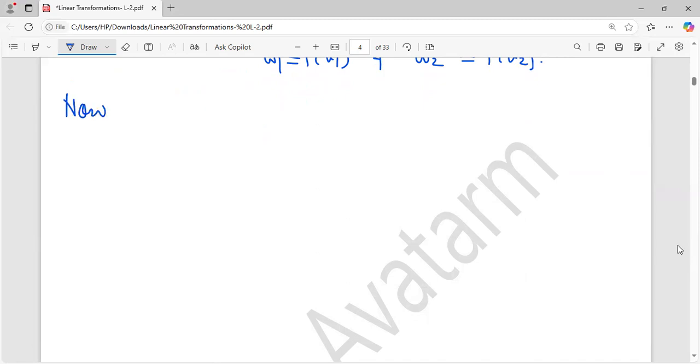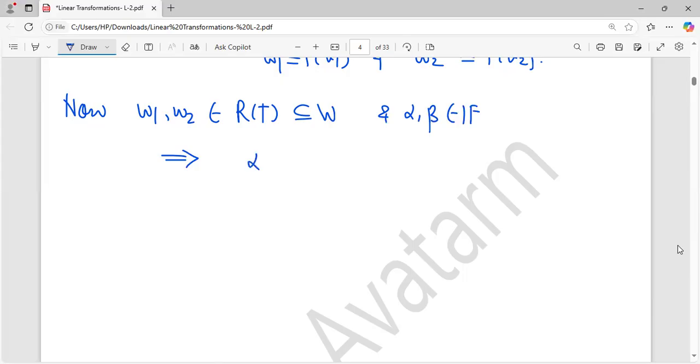Now w1, w2 belong to R(T), which is a subset of W, and alpha, beta belong to the field. So this implies alpha w1 minus beta w2 belongs to W, because W is a vector space.